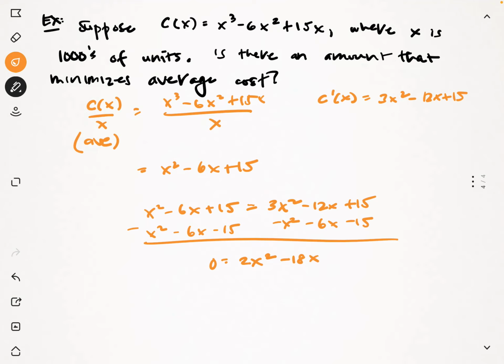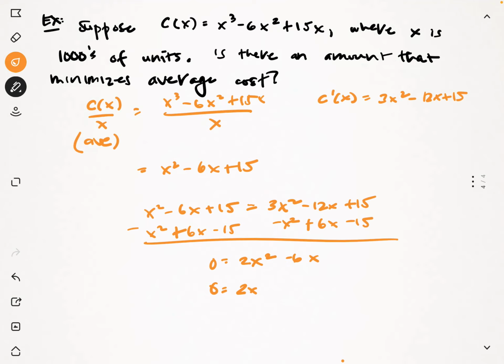Let's do some factoring out here. Oh, sorry, this should be a plus 6. So this should also be 12. Negative 12 plus 6 is negative 6. Okay, let's go ahead and factor.